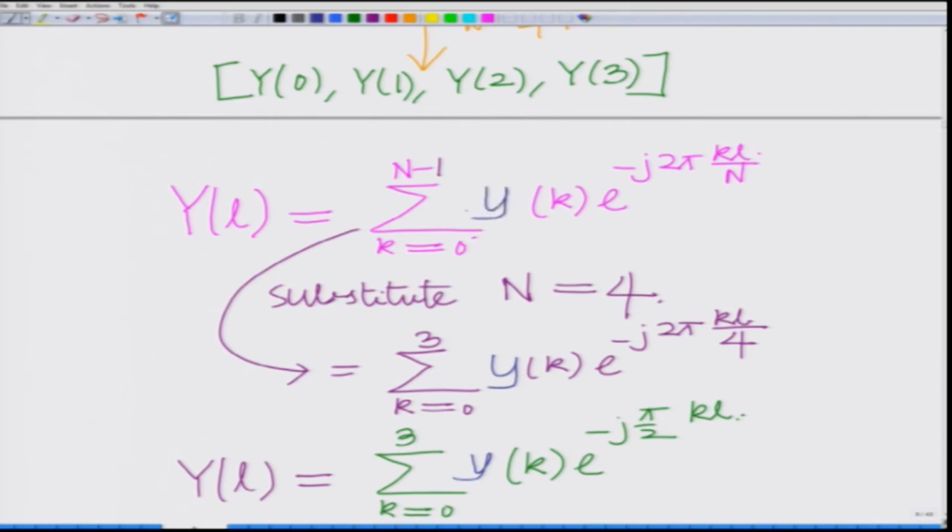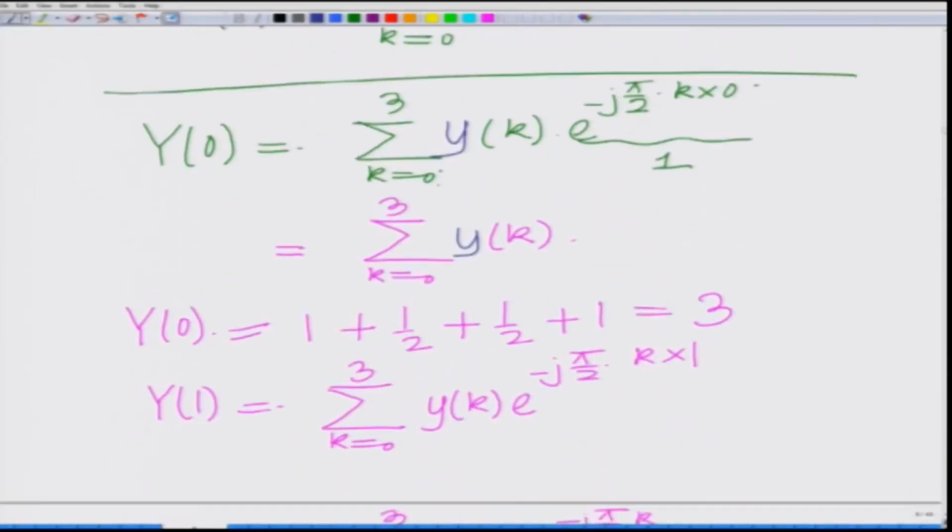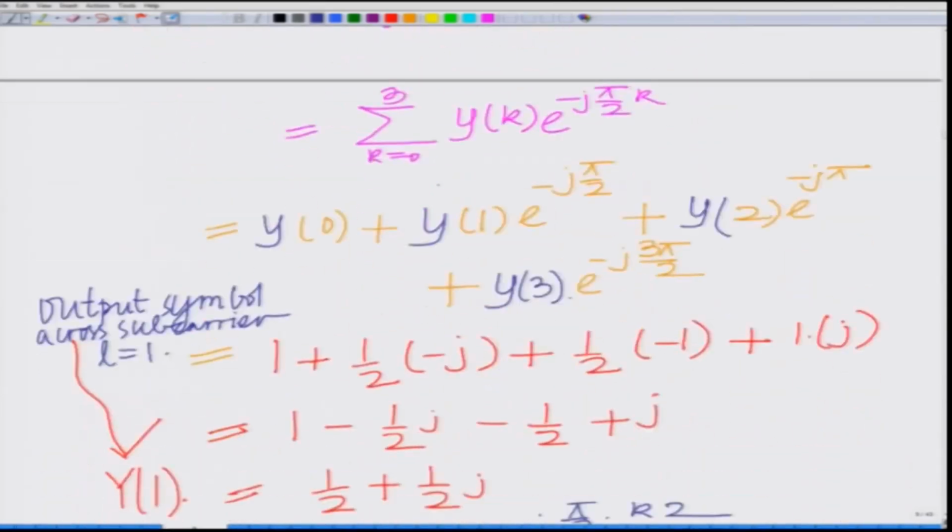The output symbol Y of L corresponding to subcarrier L is given by the FFT of the output time domain samples, which are the small y's.